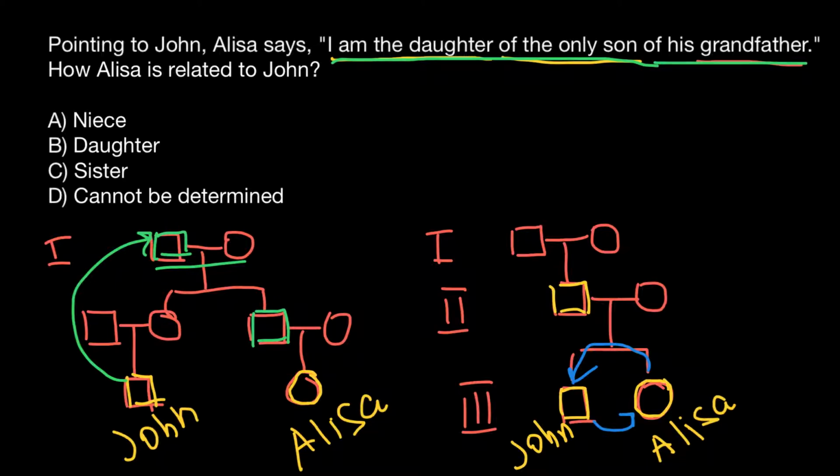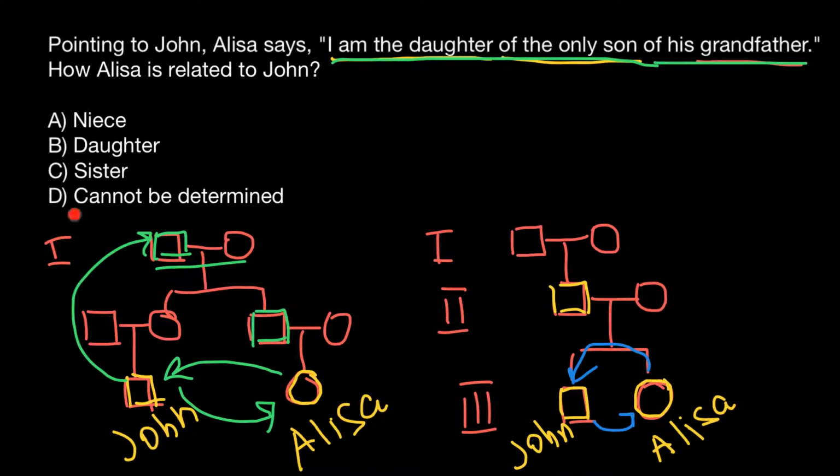So this couple may also have a daughter. The daughter also can be married, and she may have a son. So this time Alisa is talking about her cousin, and she is a cousin of John.